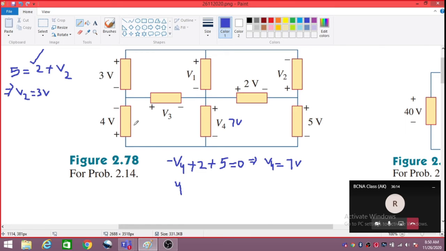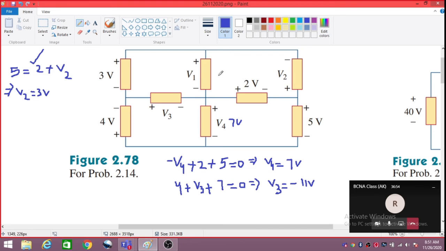Then plus V3 plus 7 is equal to 0. This will be the equation. So V3 will be -11 volt.